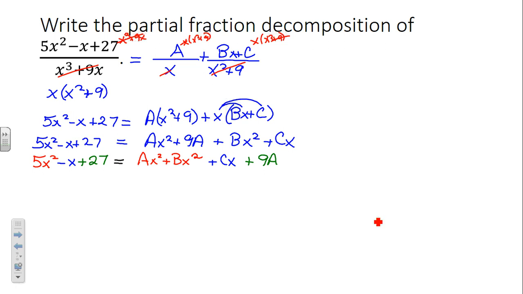Good question. Why did I change these colors? Good. What are you noticing? Coefficients.